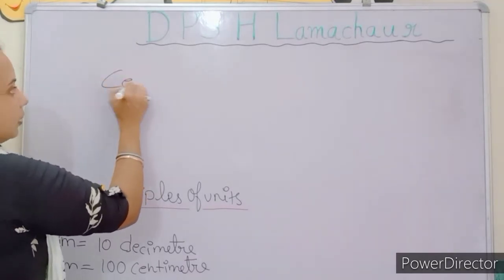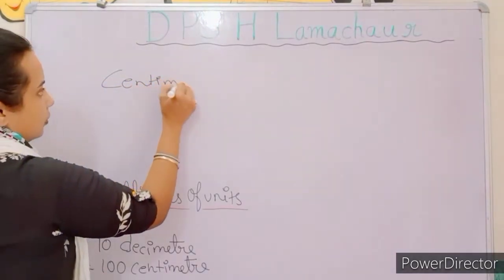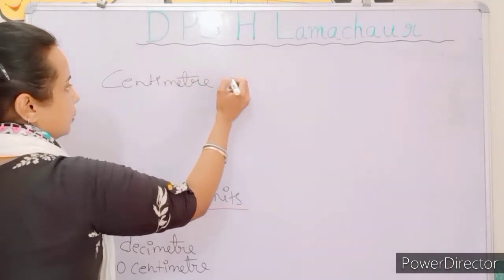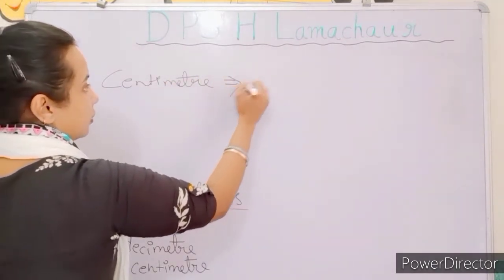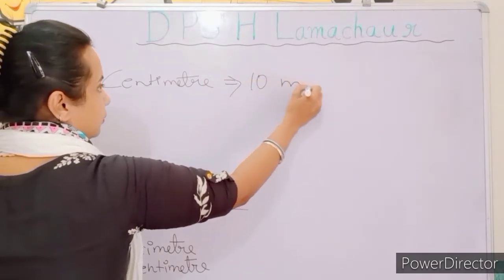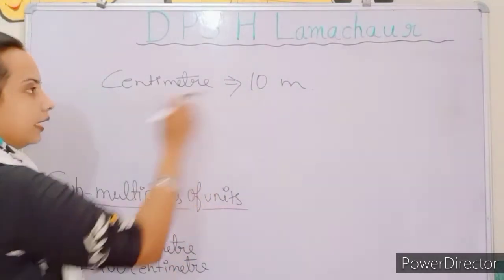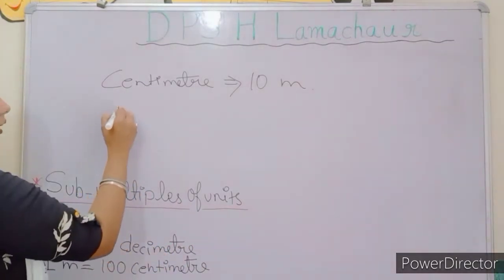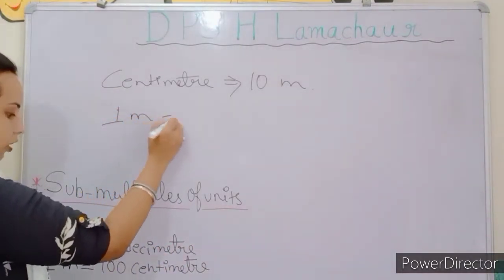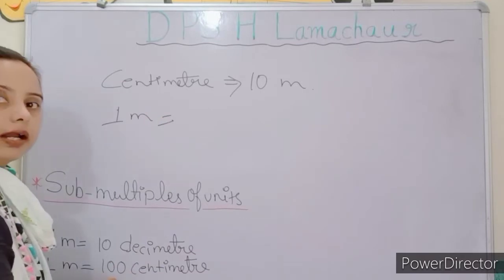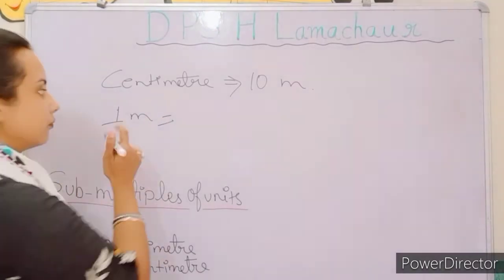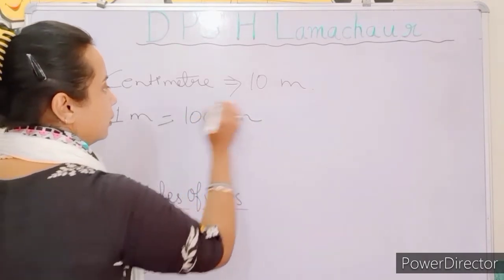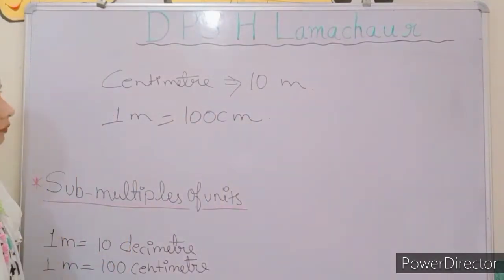Now the next one: how many centimeters are there in 10 meters? You know that in 1 meter there are 100 centimeters. So what will we do?